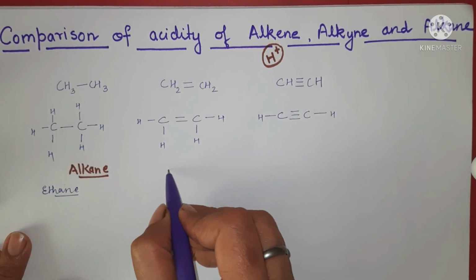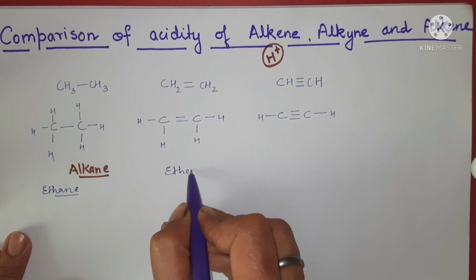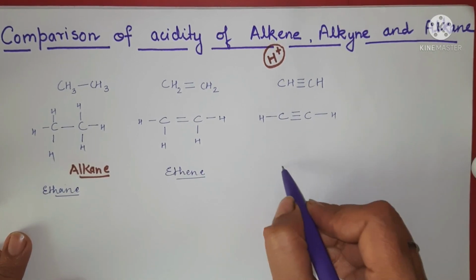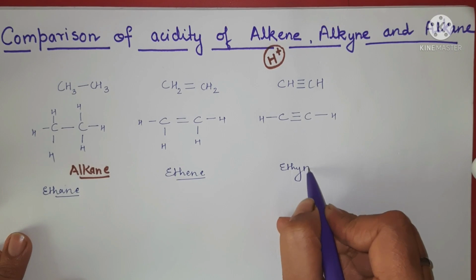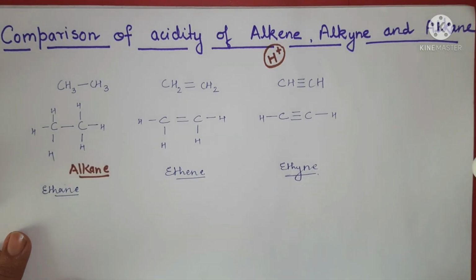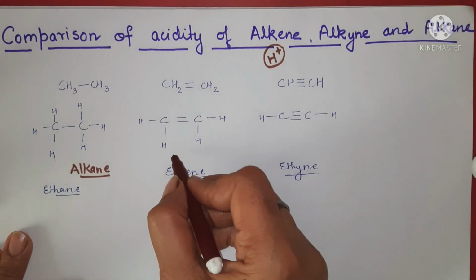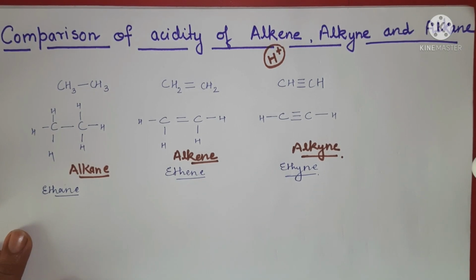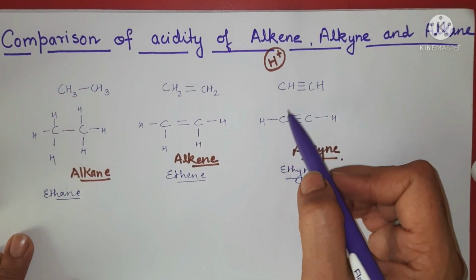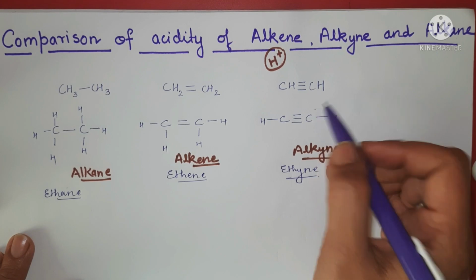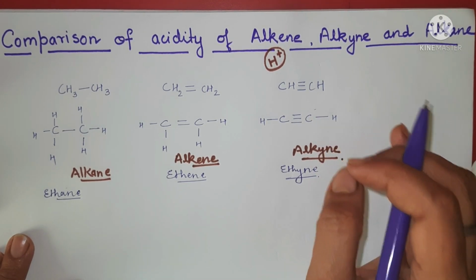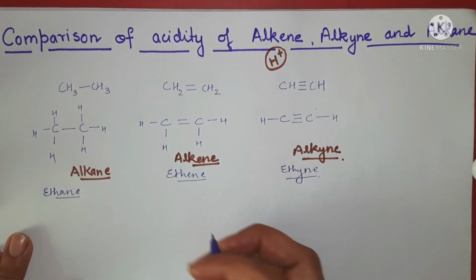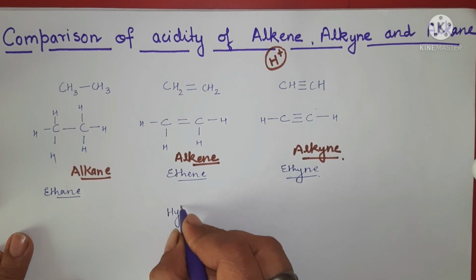This molecule is ethene, and this is ethyne. So now we have to understand the ability of losing the proton. For that understanding, we need to know about the concept known as hybridization.